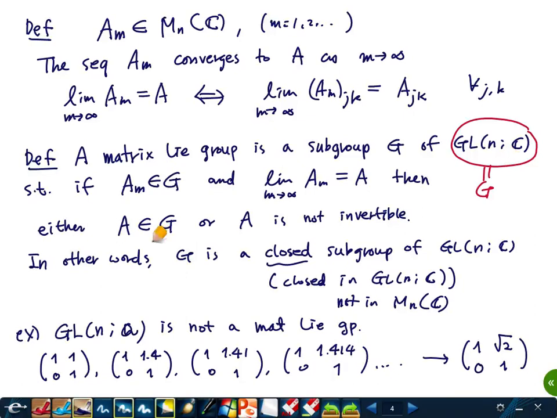But by the way, my question was, can you construct a sequence of invertible matrices whose limit is non-invertible? Yeah, there is a simple example, right? First, GL_n(C) is a matrix Lie group by definition.